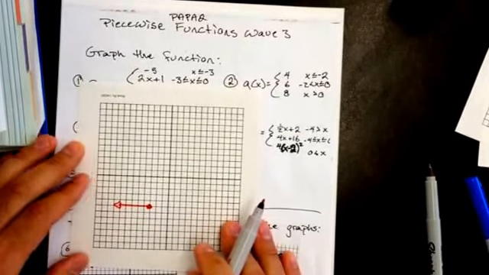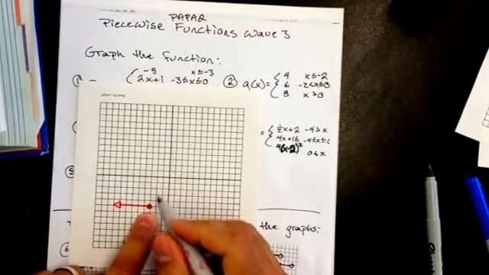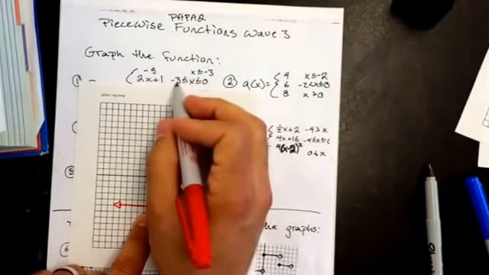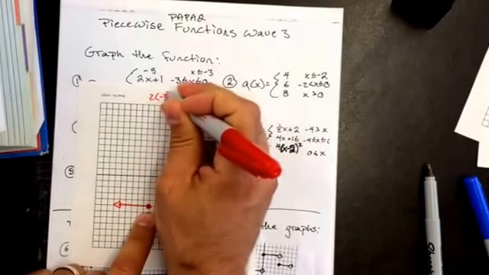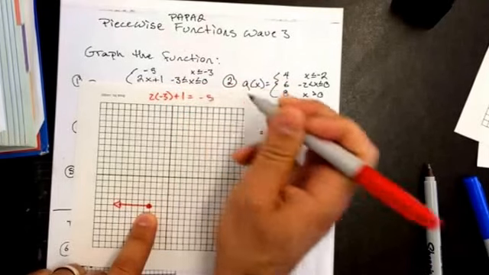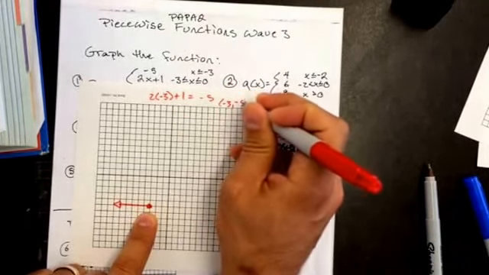The next rule is 2x plus 1, and that starts right here. So in order to figure out what y is when x is -3, I'm going to plug in -3. 2 times -3 plus 1 equals -5. So that means this rule has a point at -3, -5.